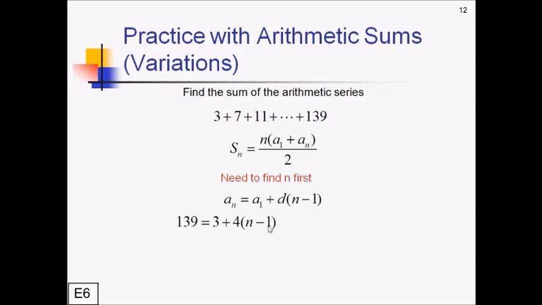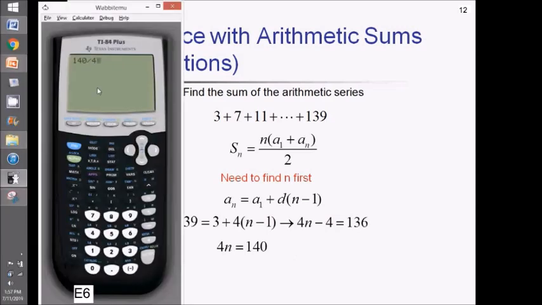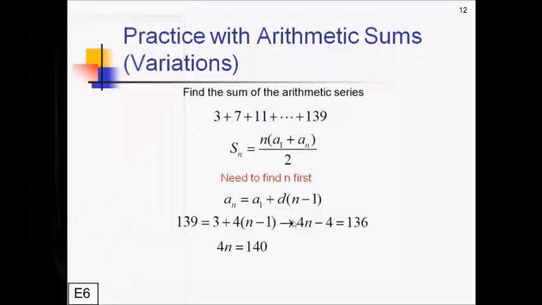So distributing here, I've got 4n minus 4. And I'm also going to subtract 3, so that's 136 on the other side. Adding 4, I've got 140, and then dividing by 4 to get n by itself. Let me just do that on the calculator. So 140 over 4 is 35. So I have 35 terms to work with here.